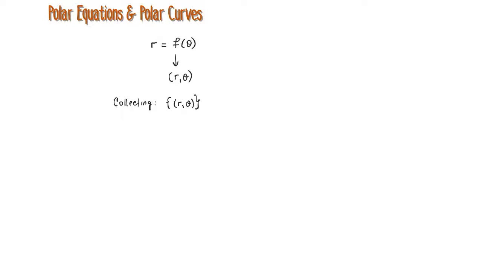If we collect all of these points right here, now the interesting question is, what will happen if I decide to plot those points on the polar plane? What if I consider my pole, my polar axis, and I start plotting all of those points on the polar plane? Am I going to get a graph? Am I going to get a shape? Am I going to get a curve?